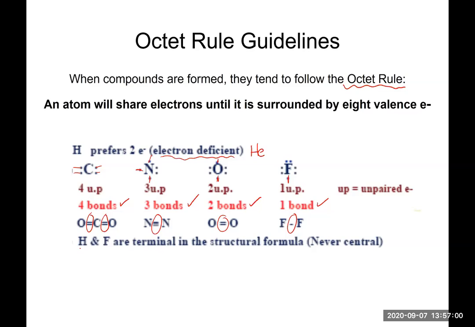Hydrogen and halogens, that would include fluorine, are always terminal. They're never central, because they can't form more than 1 bond. And so in order to be central, you have to be able to form at least 2 bonds.